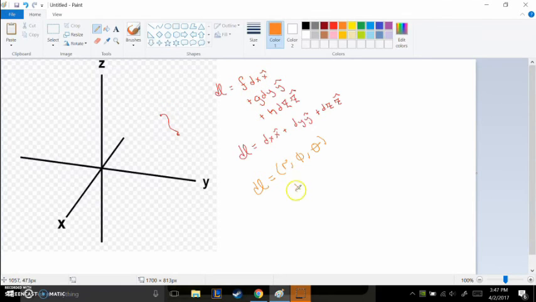So we're going to have dr in the r direction plus, we said that g is r, so we look at this dl and we say g is r, d phi in the phi direction, and we said that h is r sine theta, so r sine theta in the theta direction.